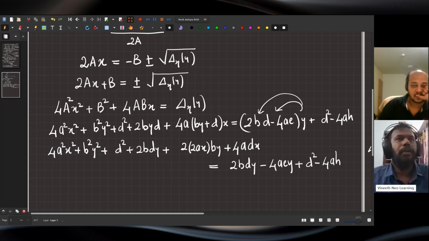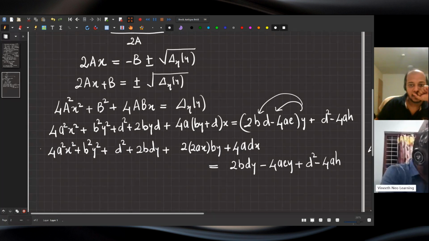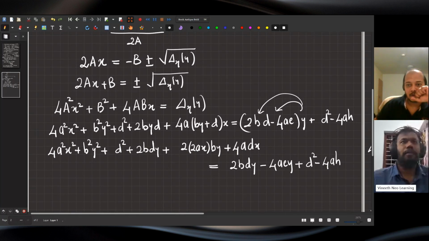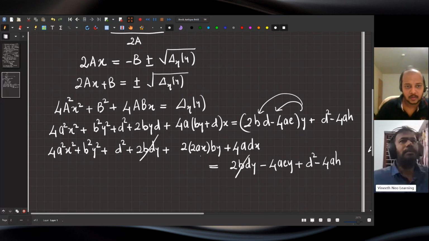Then we can cancel. What terms will get cancelled? The 2bdy on both sides will cancel, and d squared on both sides.